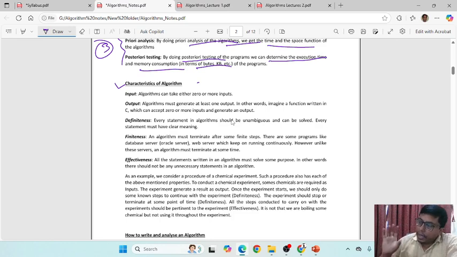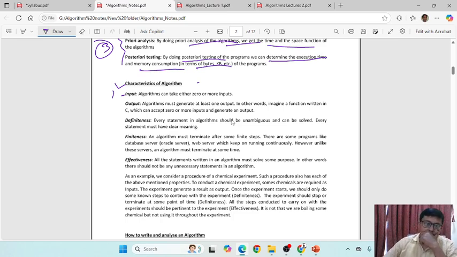That means an algorithm may or may not accept any input. Input is one parameter which is considered a characteristic of the algorithm. So an algorithm can accept either no input from the user or multiple inputs.